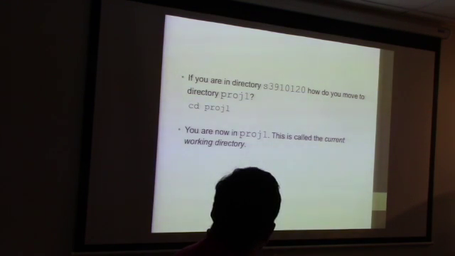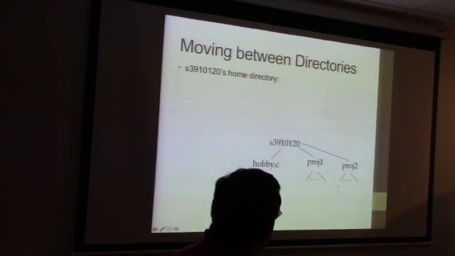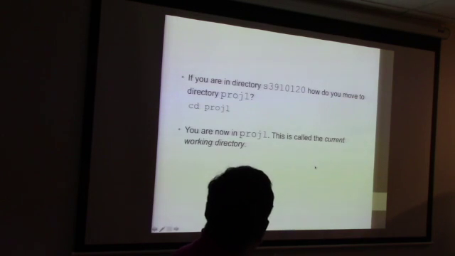Okay. This is what I was talking about. If you are in this directory, how do you move to the directory project 1? You would just say cd space project 1. Simple enough. You're now in project 1 and this is called your current working directory or your present working directory. Make sense? Okay.